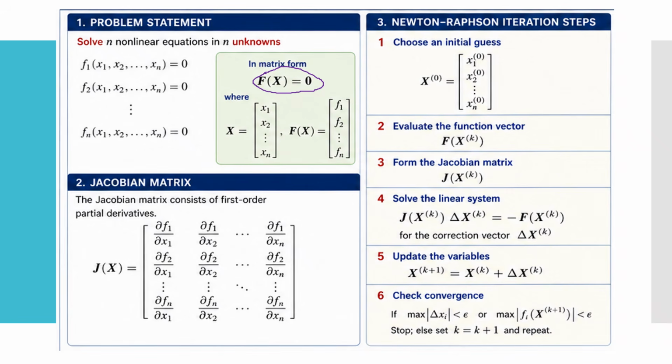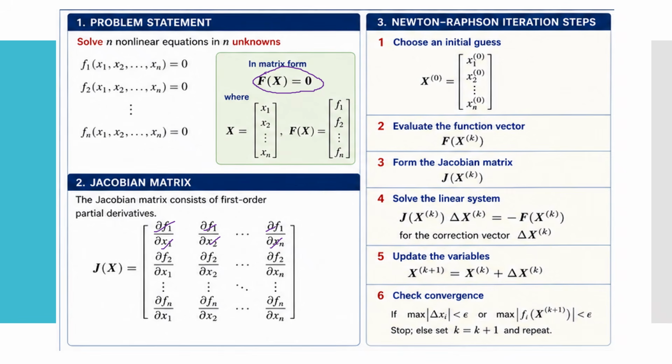If our function has any number of variables, we have to take the partial derivative of the function with respect to each variable. For example, f1 is a nonlinear function among the multiple functions going to be solved. So we'll take the partial derivative of the first equation with respect to x1, with respect to x2, up to xn.